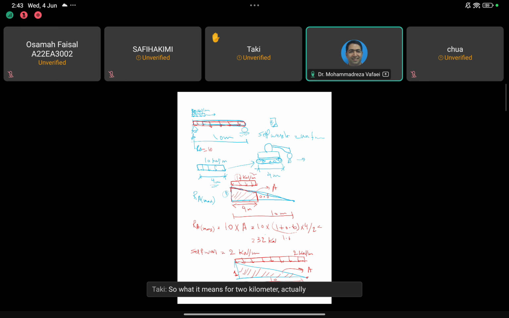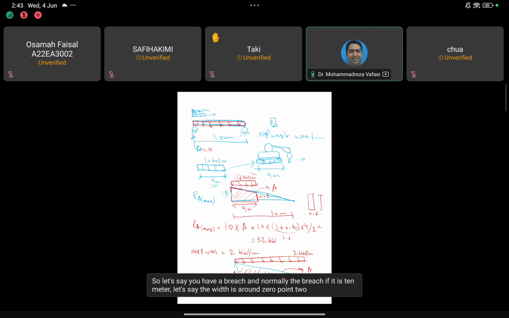Actually, self-weight is the weight of the beam, of the structure. So let's say you have a bridge, and normally the bridge, if it is 10 meter, let's say the width is around 0.2, the height is 0.6. So this beam has its weight because it is having concrete inside, right? So this weight generates also reaction here when you place it on the structure.